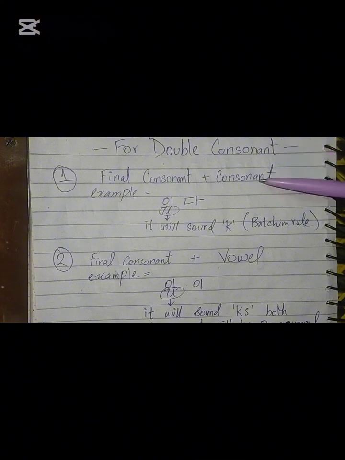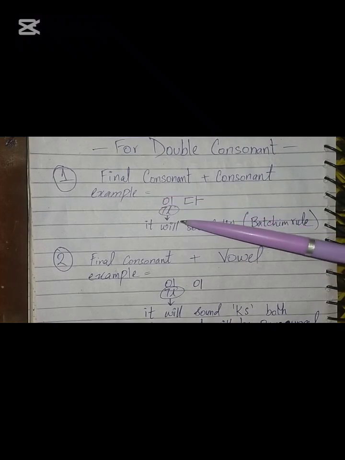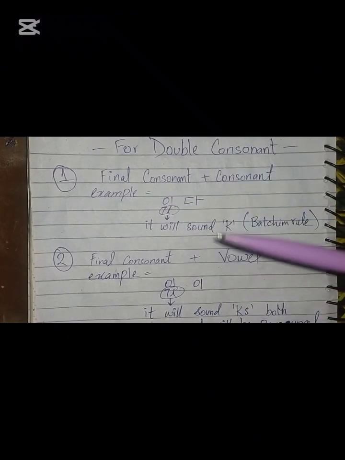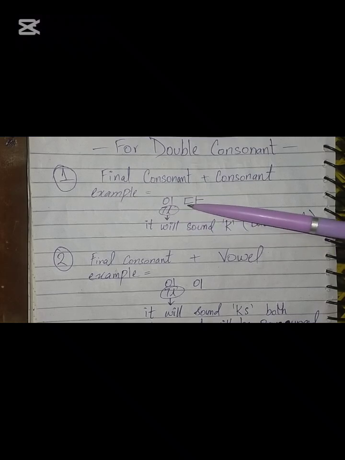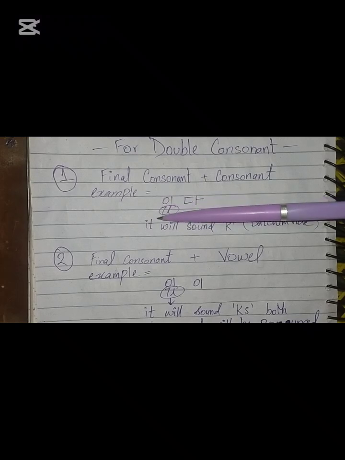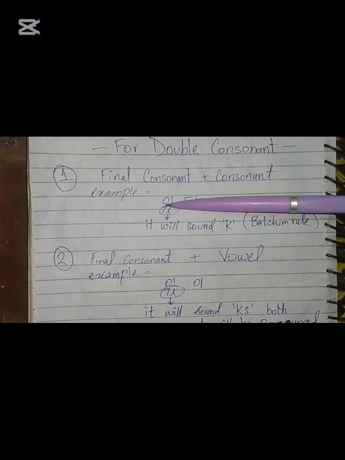Now there are also rules for the double consonant. Whenever a consonant follows the double consonant, the sound will be the main consonant. Like I told you guys in my previous video, the sound is always the main consonant, which is the first one, except for 3 exceptions.